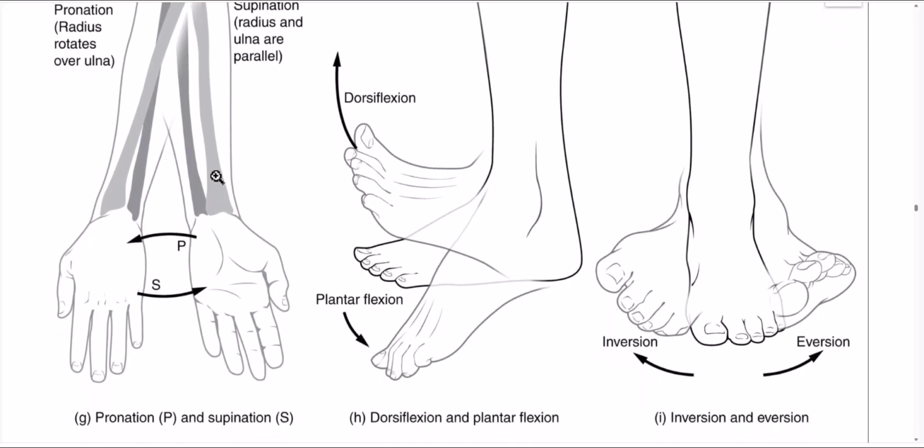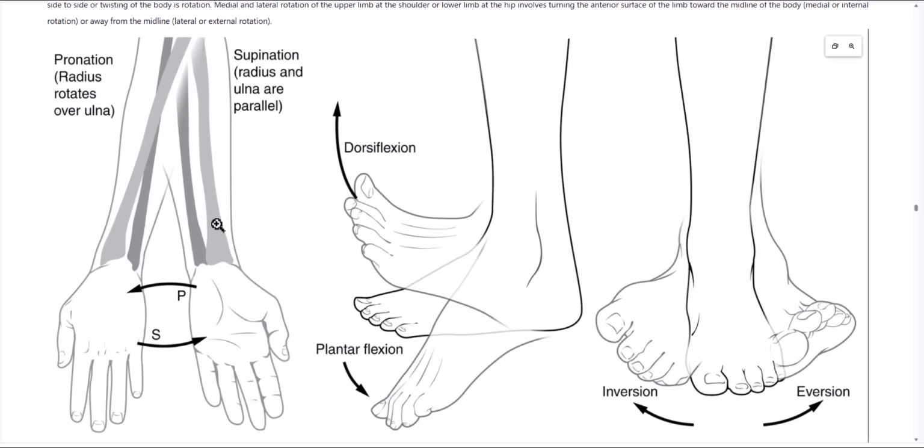A few more, a little bit more specific ones. And we're only going to talk about this example of pronation and supination. So recall in anatomic position, when your arms are down to your side and your palms are facing forward, you may not appreciate it, but the radius and the ulna are parallel in your antebrachial region. But when you flip your palms backwards, your ulna and your radius are crisscrossing over each other.